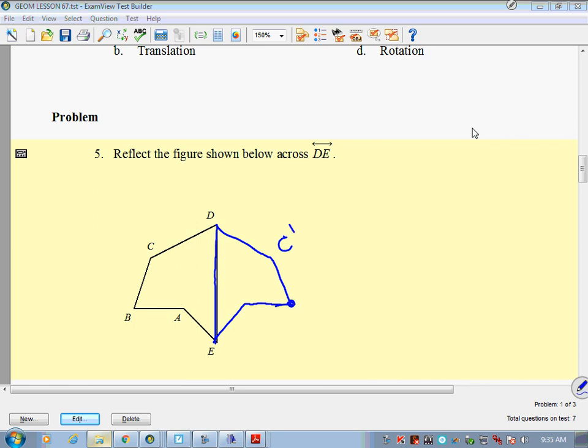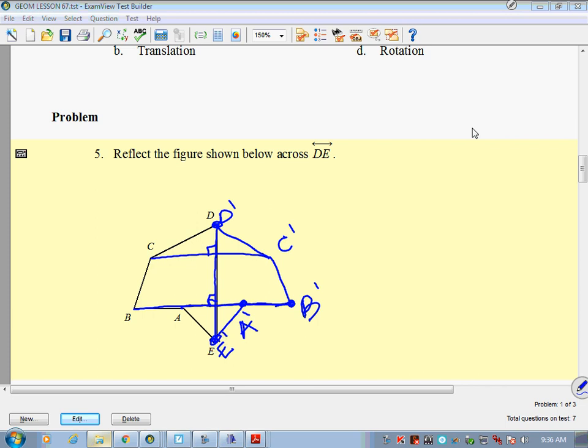What is this point right here? B prime. And what about this point right here? A prime. And so what we should be saying is that, and this is also D prime, and this is E prime, right? Okay, and what we're trying to accomplish here is that this should be perpendicular, right? This should be perpendicular.